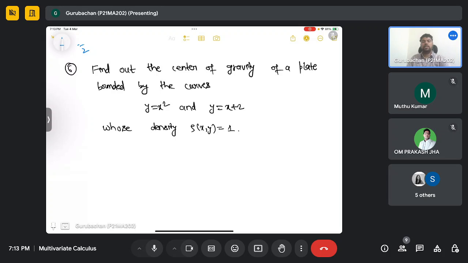Draw the region first, then judge how we can double integrate and calculate the center of gravity. I want to be more precise. I mistakenly said center of mass. I mean, first of all, calculate the mass of the region, and after that the center of gravity.